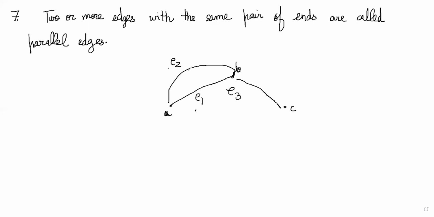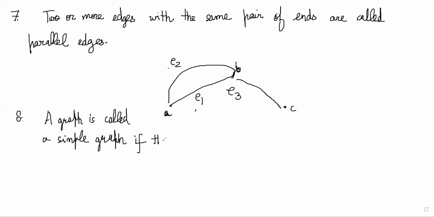So that makes sense. A graph is called a simple graph if there are no loops or parallel edges.